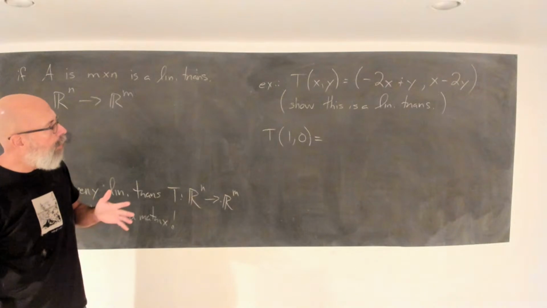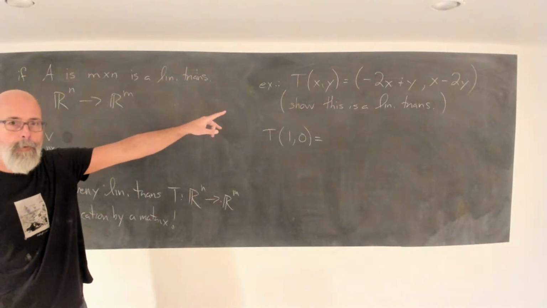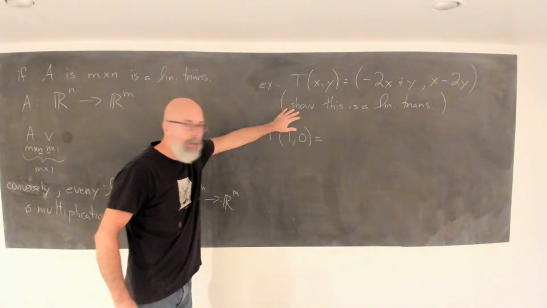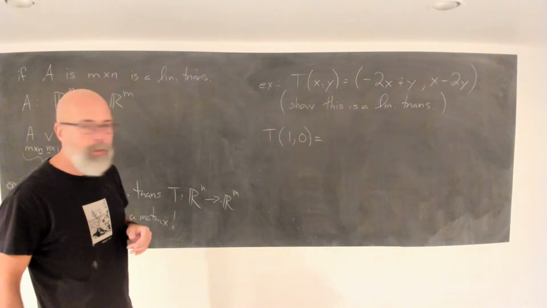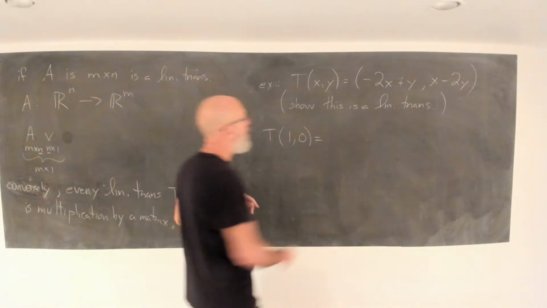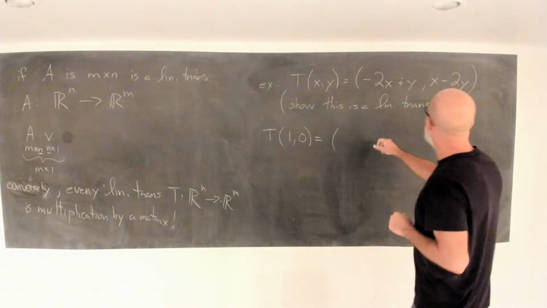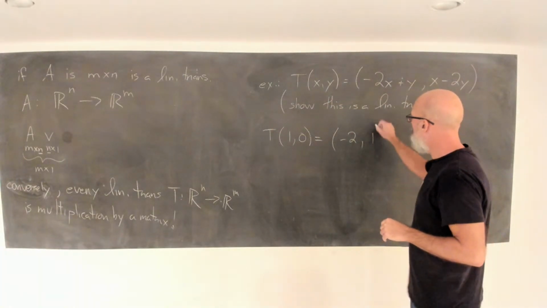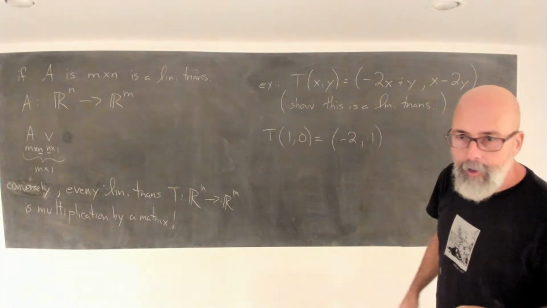T of (1, 0), by definition, assuming now that we have shown it was a linear transformation, which you can do on your own, T of (1, 0) is (-2, 1), thank you.